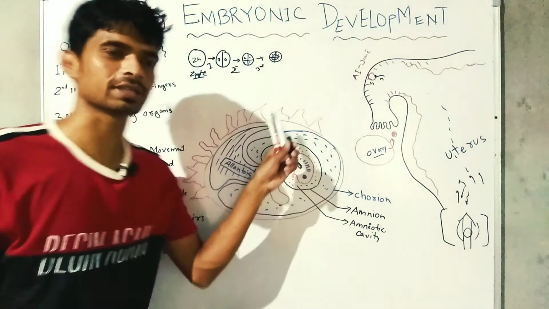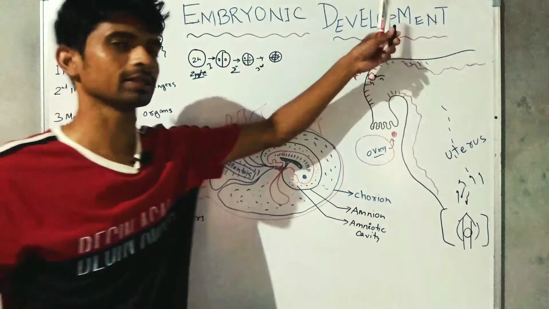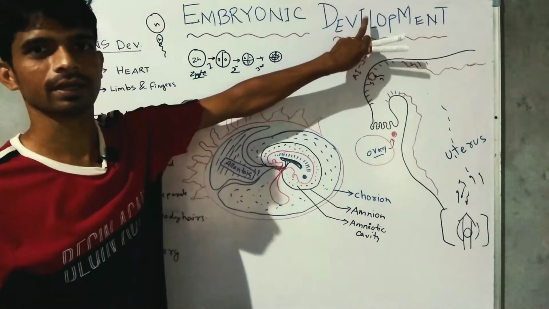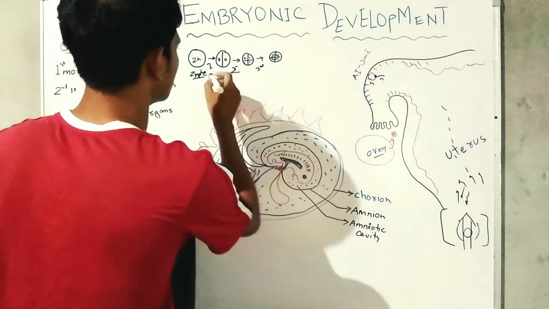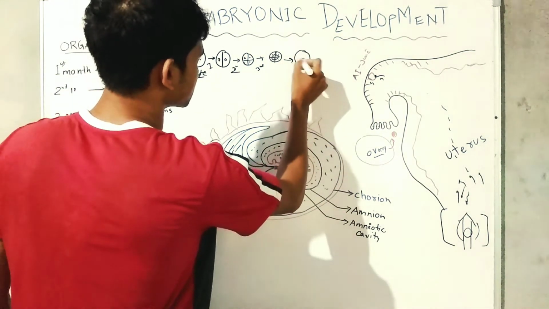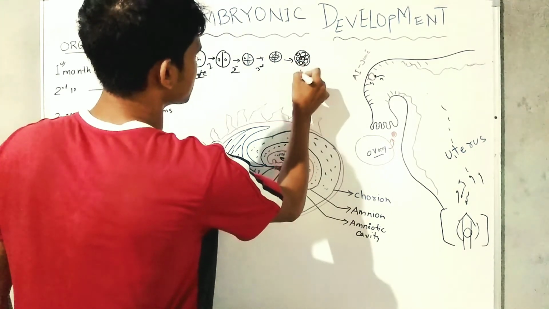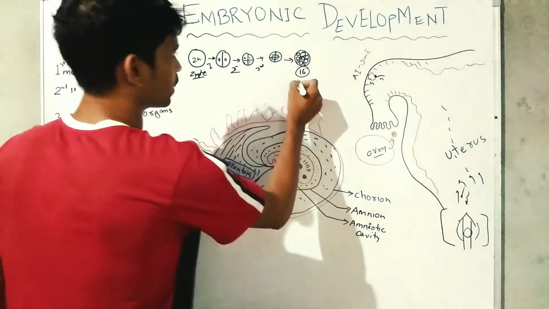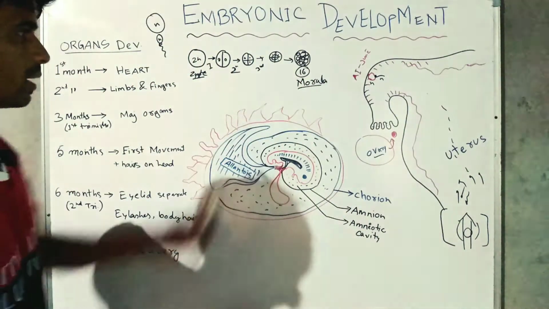I have already shown you all this practically also. If you have not yet seen it, you can click on the I button here and watch the previous video. After the 8 cell stage it will be a 16 cell structure, which is called the morula.